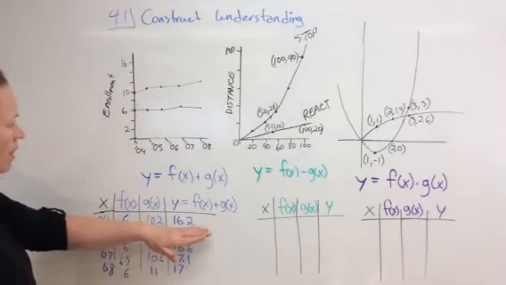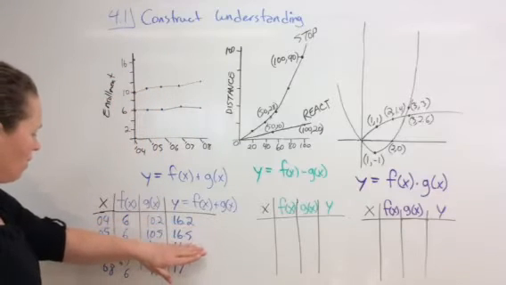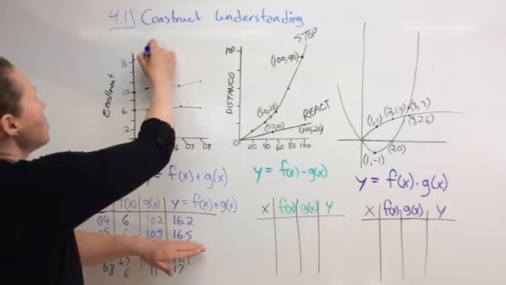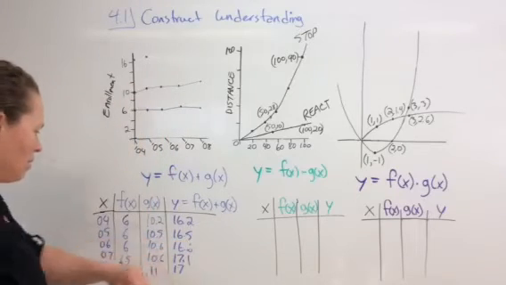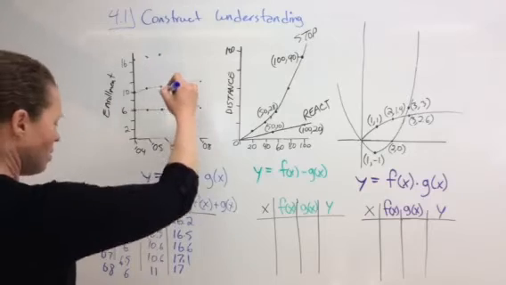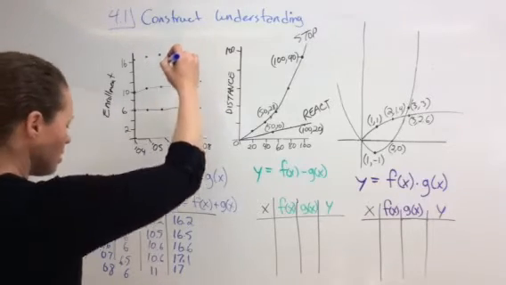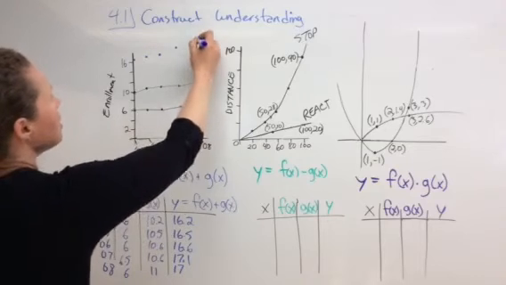So for 04, it's 16.2. For 05, it's 16.5, so just a little bit higher. Then, 16.6, 17.1, so that would be a little higher still, and then 17 kind of levels off.